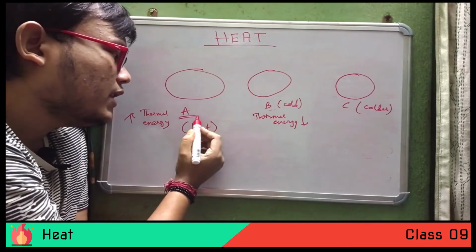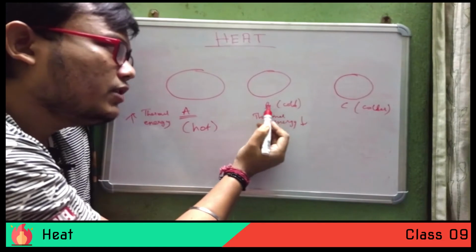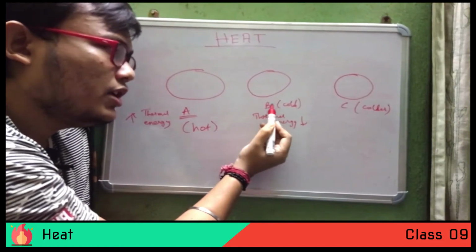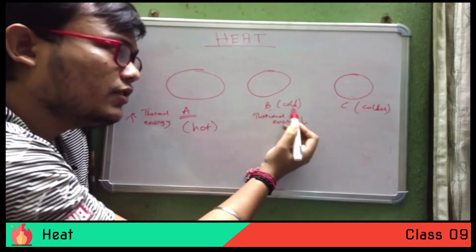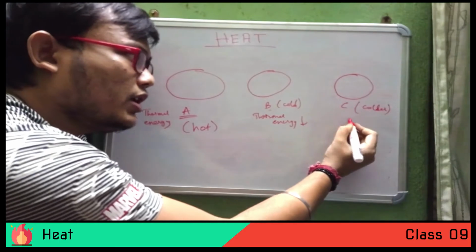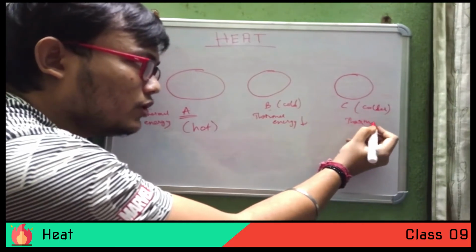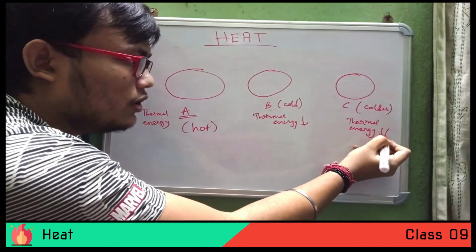If we compare A and B, body B's thermal energy will be less. But if we compare it with body C, its thermal energy will be more. Body C is colder, so its thermal energy will be even less.